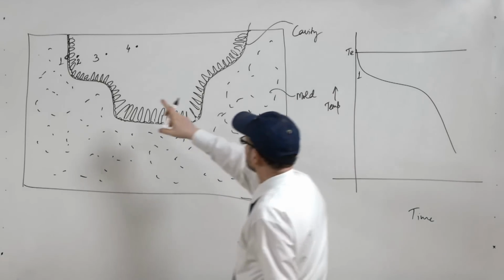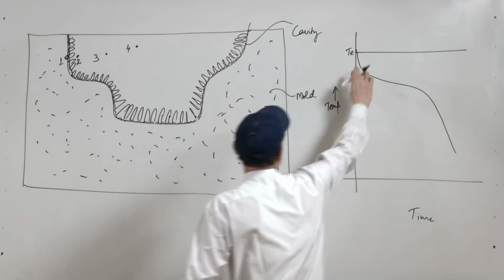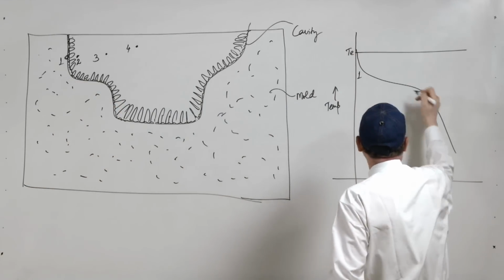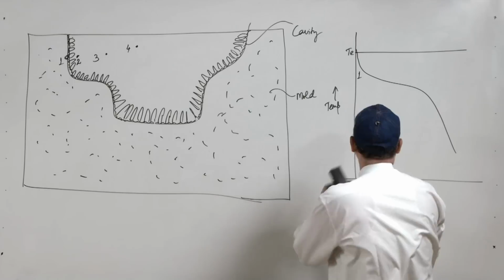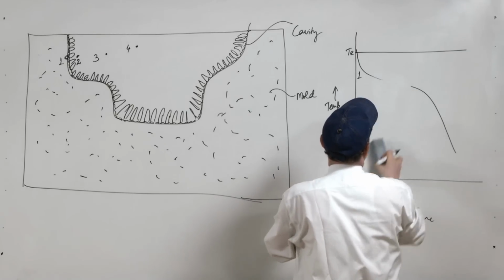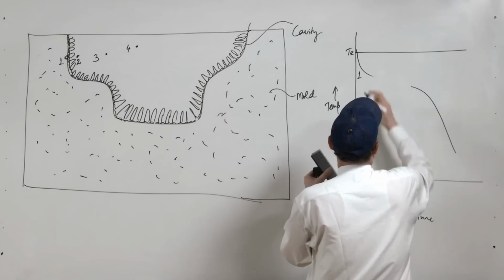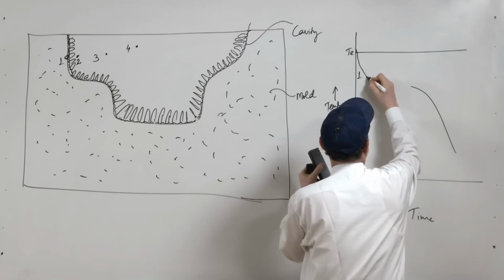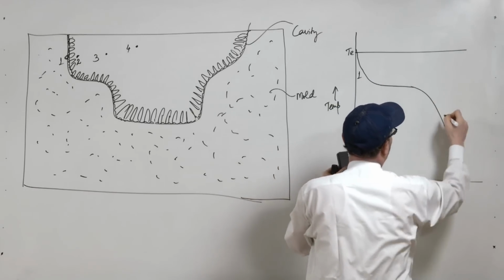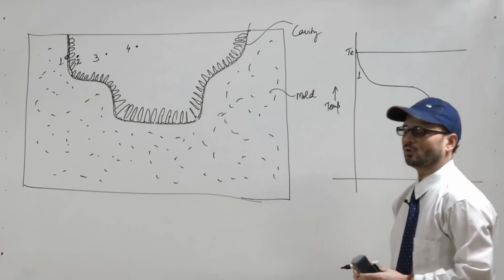Once it touches the wall of the solid, due to undercooling, it quickly comes down, and then it has a thermal arrest period, it is somewhat horizontal, and then it goes on like that.